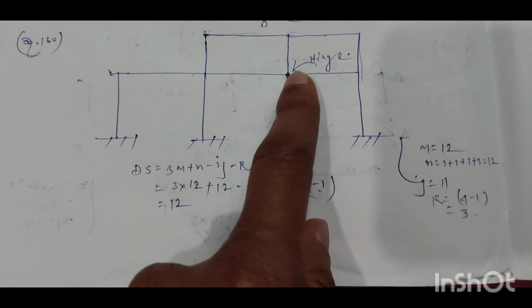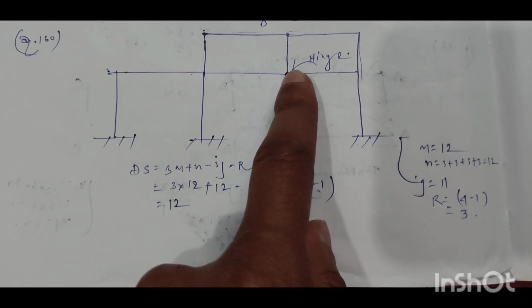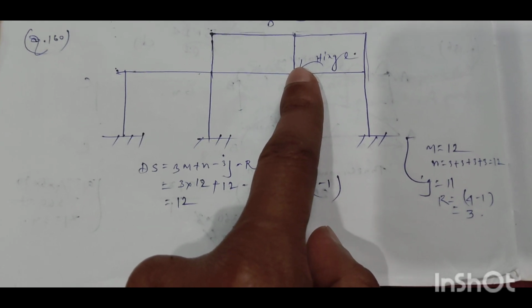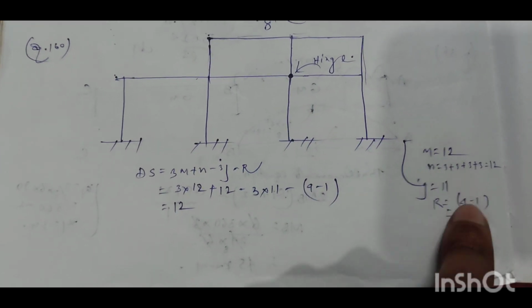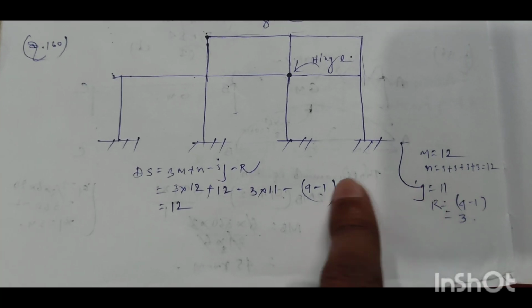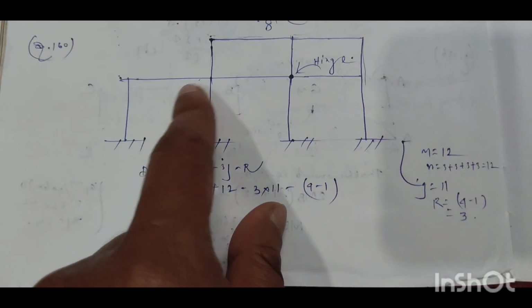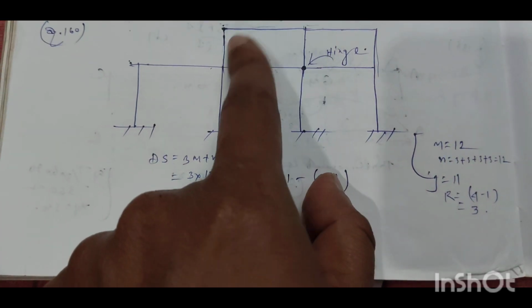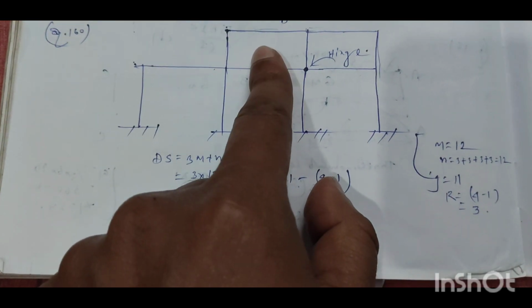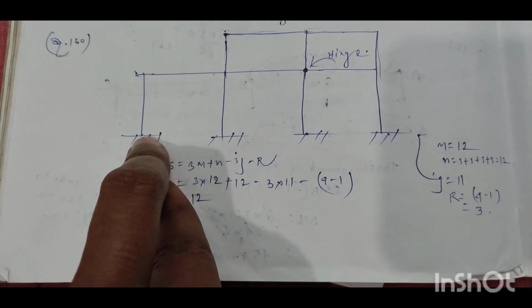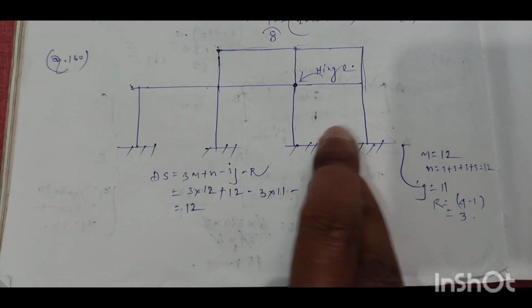Under this internal hinge, 4 members are connected. So the value of R will be equal to 4 minus 1 equal to 3. Now M equal to 12 because 12 members are there: 1 2 3 4 5 6 7 8 9 10 11 12. r is the number of reactions by the supports. So at this support, this is fixed support, this is fixed support, this is fixed support, and this is fixed support.